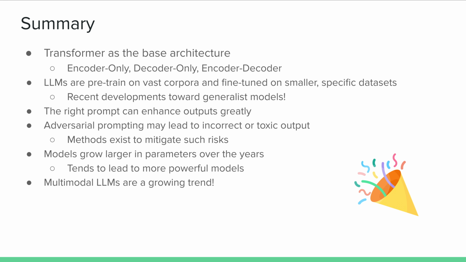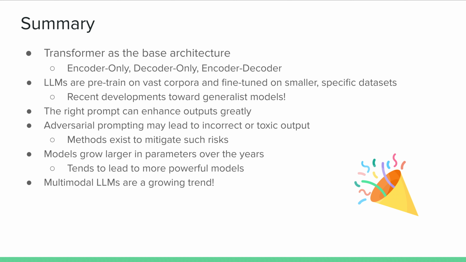So looking back, we've had a very broad introduction to LLMs here. We've looked into the foundational aspects of LLMs, including their architectures, such as the encoder-only, decoder-only, and encoder-decoder architecture. We explained how models are pre-trained on vast datasets and then fine-tuned for specific tasks.